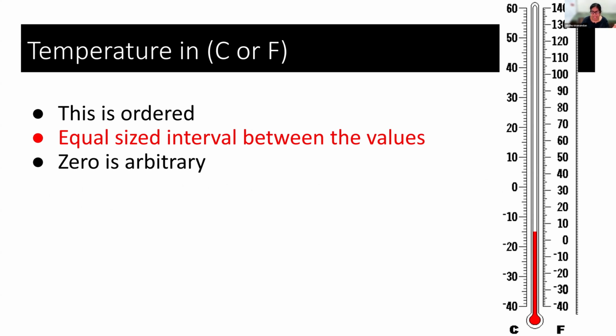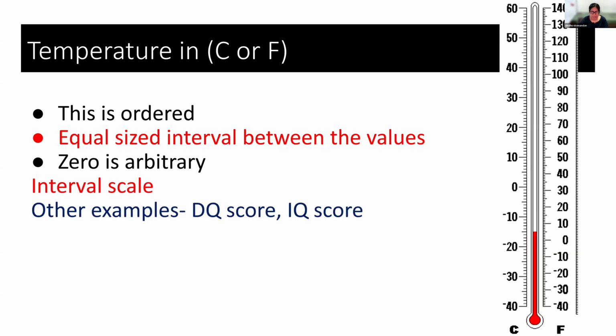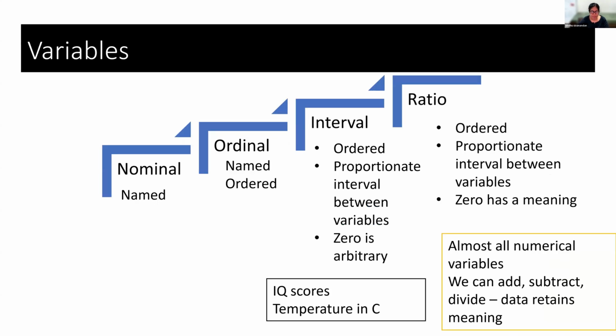There is still some thermal value to it. So it is an interval scale. It is a numerical variable, but an interval scale. Other examples are DQ score and IQ score; they are all numerical, but interval scale variables.